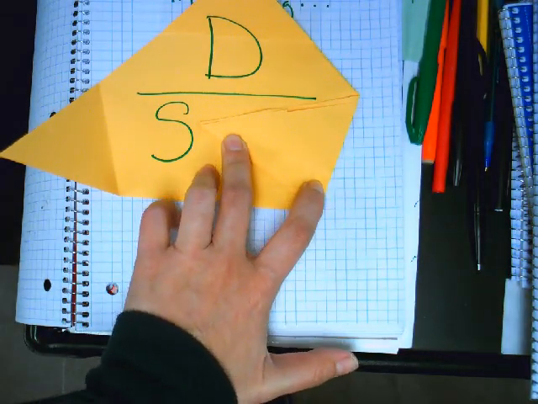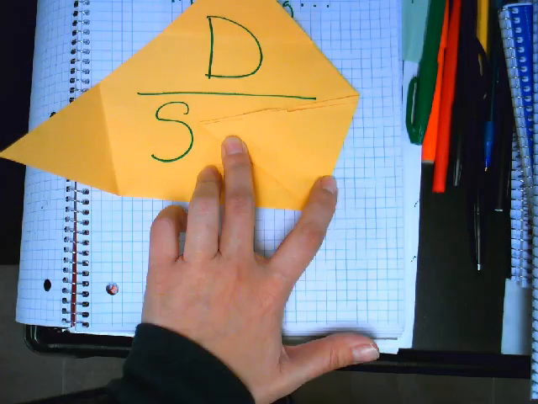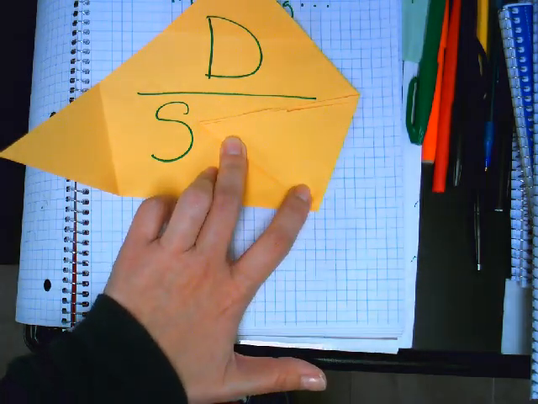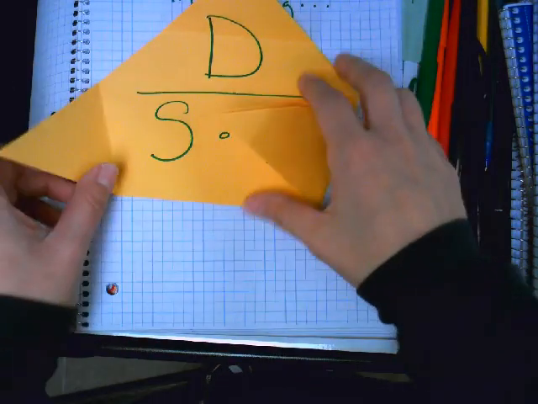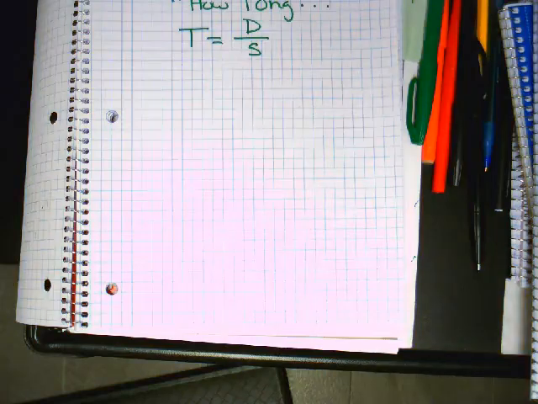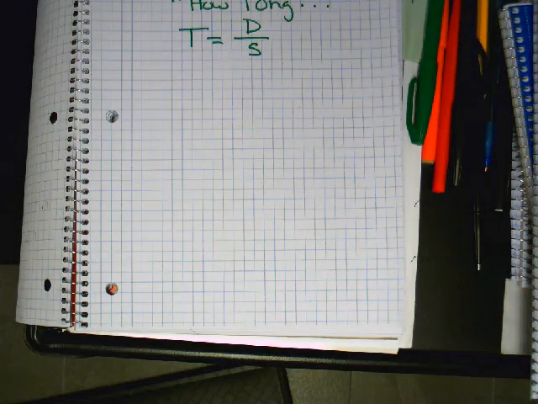Just like yesterday when I asked what's 4 divided by 12 and you all kept saying 3, and I was embarrassed. Okay. So basically this is to help you. You fold one at a time depending on the word problem. Oh, I'm solving for speed, cover up the S. Oh, I'm solving for time, cover up the T. So this is a way to help you remember these 3 formulas.